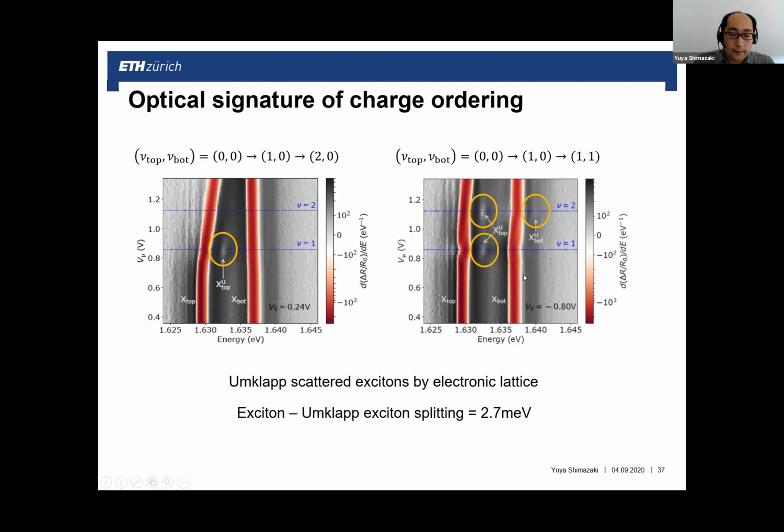These Umklapp scattered excitons tell that there is a crystal charge order in the system. The energy splitting between the main resonance of the exciton and the Umklapp resonance is about 2.7 milli-electron volts, which is close to what was expected.